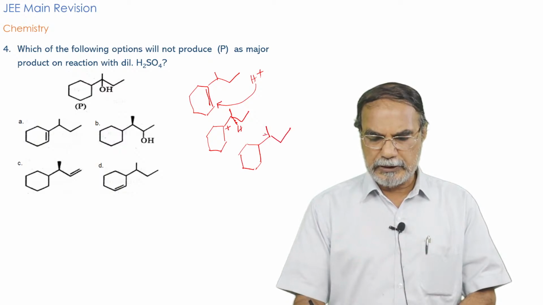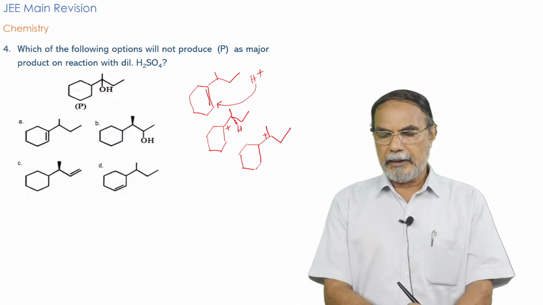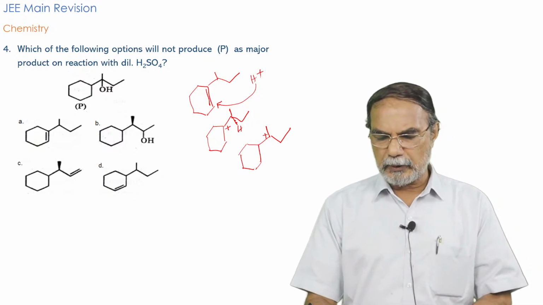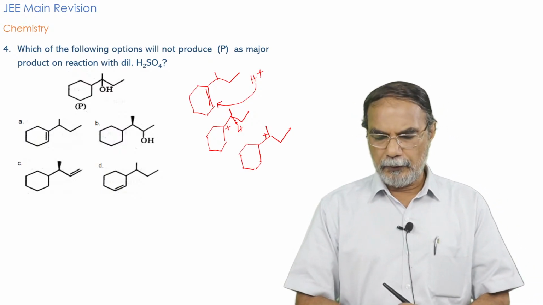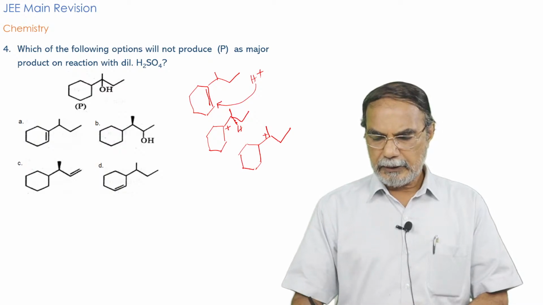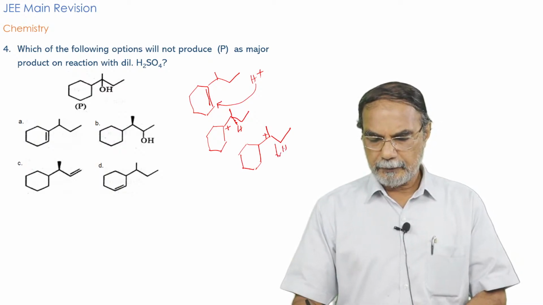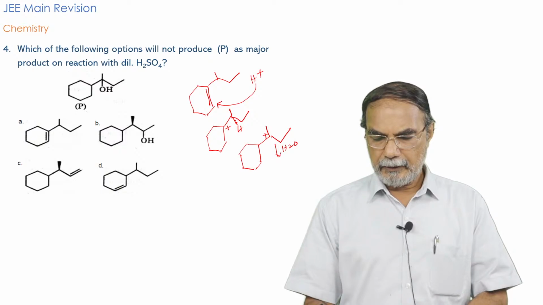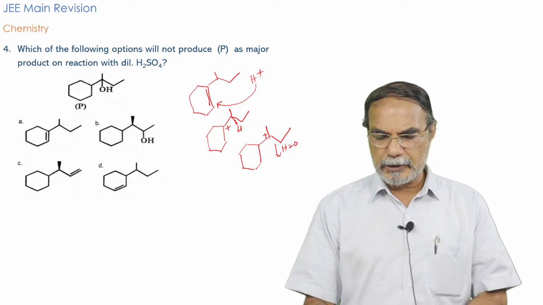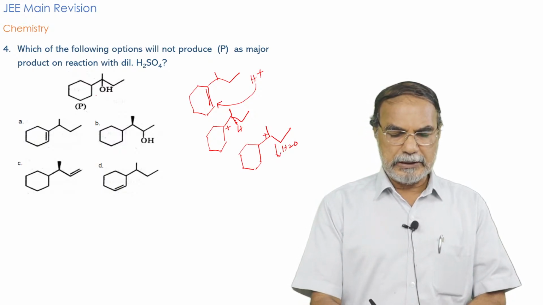The positive charge is now here, and this is obviously a tertiary carbocation, and therefore this can easily react with water, and at this point an OH group will be substituted, which is the same as the compound P.